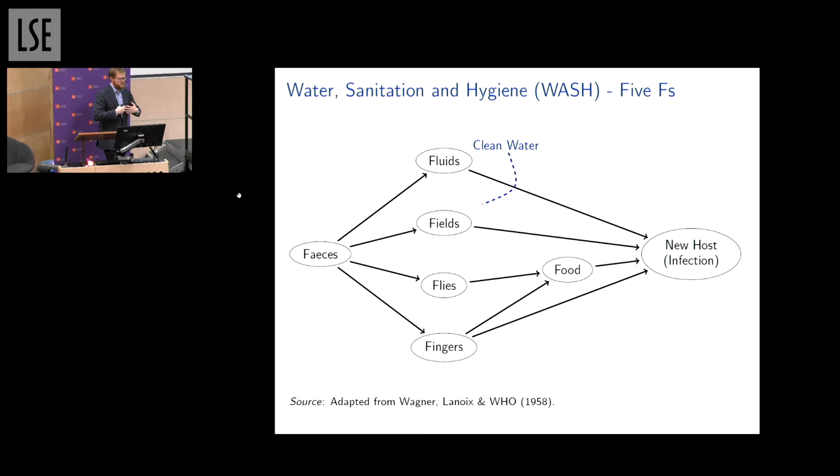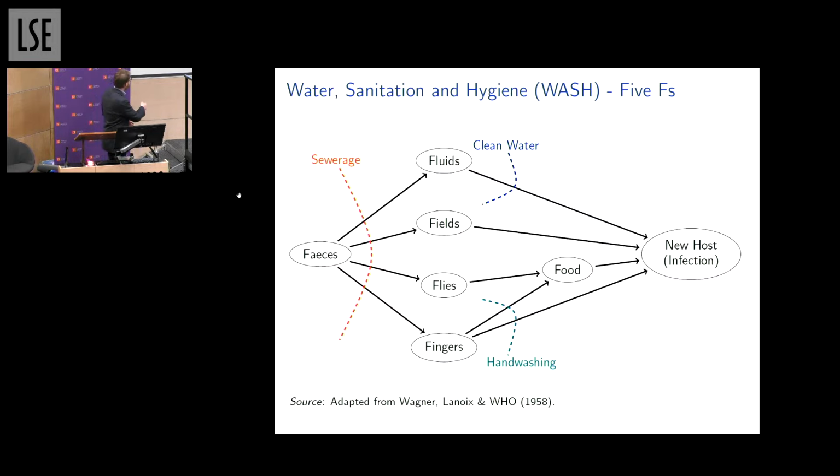So if we were to introduce a clean water intervention, that would close off this pathway, but it's actually not going to close off the others, right? In order to manage the fingers pathway, we need hand washing, and clean water is often a part of that because abundant water is really important for hand washing to be effective. But really, a lot of this comes down to sewerage, right?